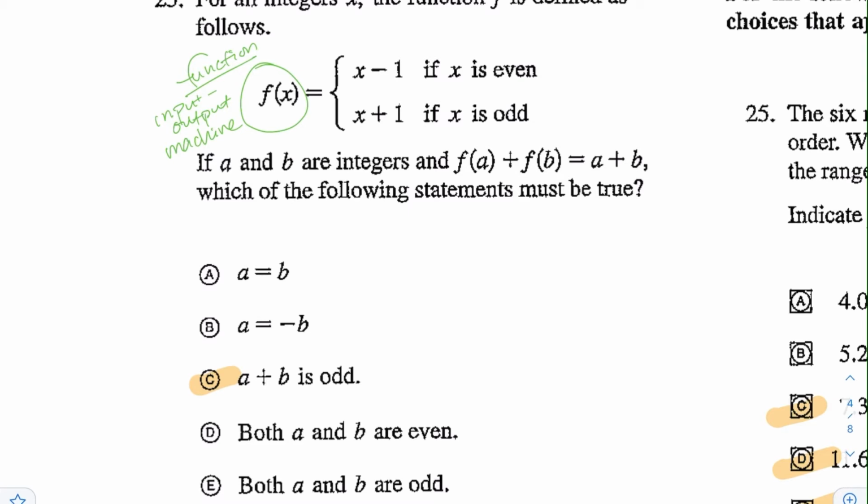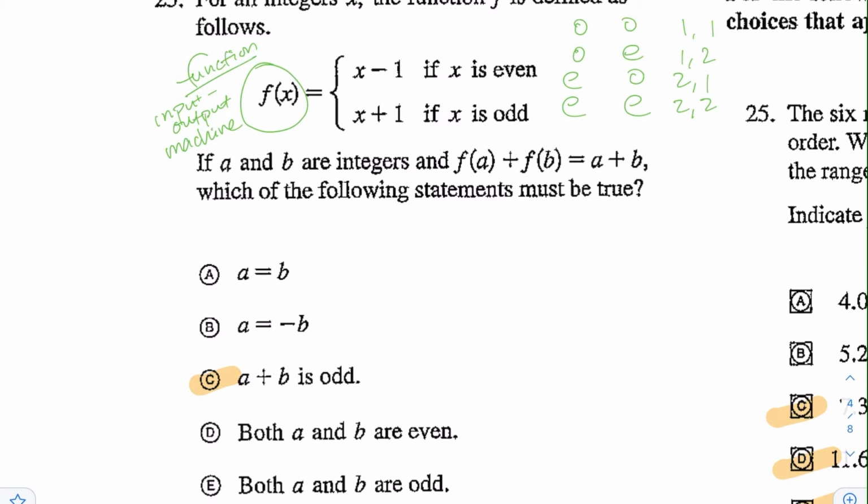So you want to figure out which of the following has to be true. So a couple things could happen. You can either have odd and odd, odd and even, even and odd, or even and even. So there are 4 possibilities here. So what you want to try is substitute in 1 and 1, substitute in 1 and 2, substitute in 2 comma 1, and substitute in 2 comma 2. And then you pretty much have everything covered.